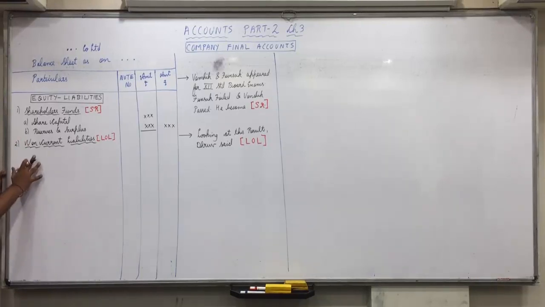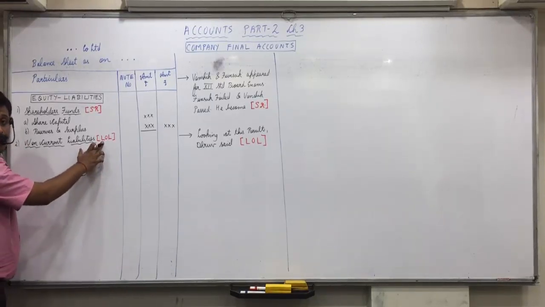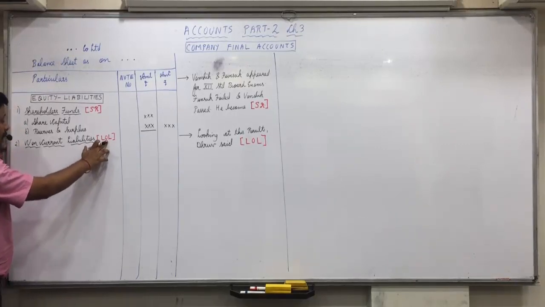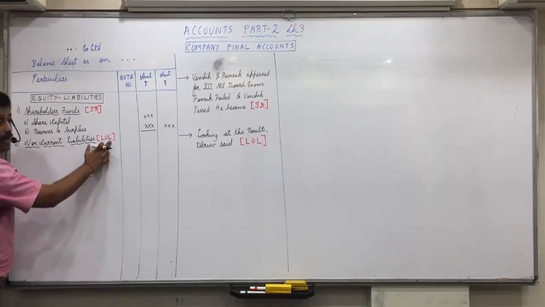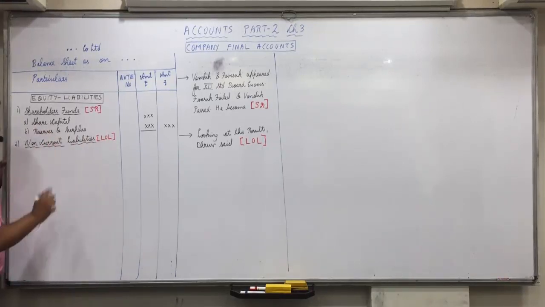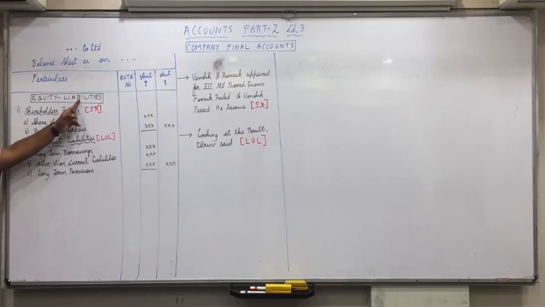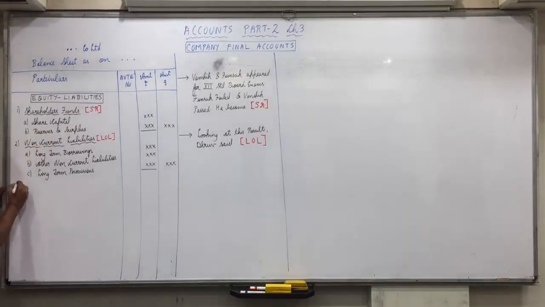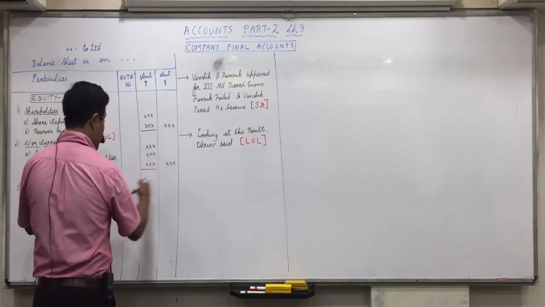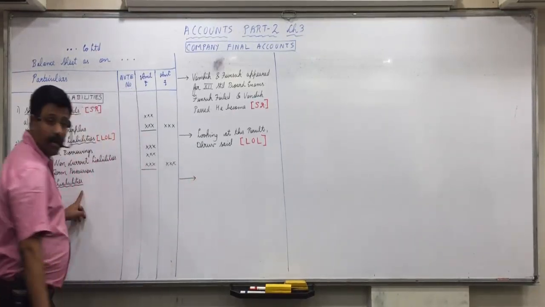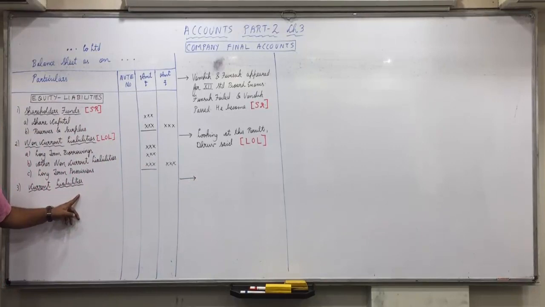Now, this L stands for long-term borrowings, other non-current liabilities, long-term provisions. Now, as I said, liabilities are of 2 kinds. Non-current liabilities and current liabilities. So third, now in front of current liabilities, I repeat, in front of current liabilities.